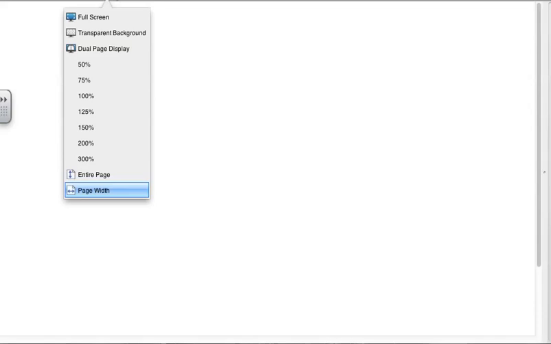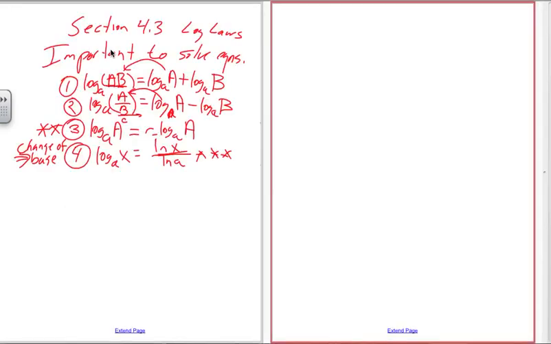Let's work some examples of these things. I want to keep these up. So the first example then, I've got log base 3 of the square root of 27.